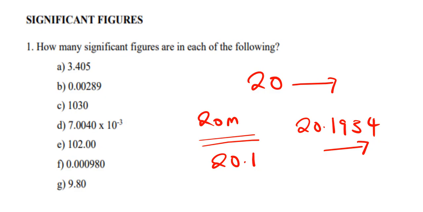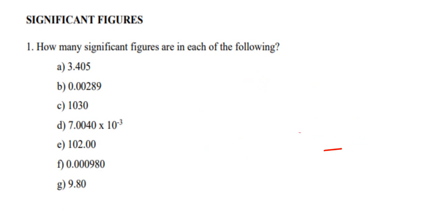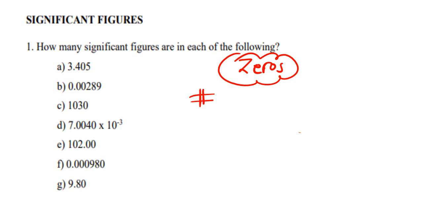Now, there are different rules that we follow when we're talking about significant figures. Let's start with the zeros. The zeros are what usually plays a major role in significant figures. So one thing that we should understand is that all non-zero digits are significant.